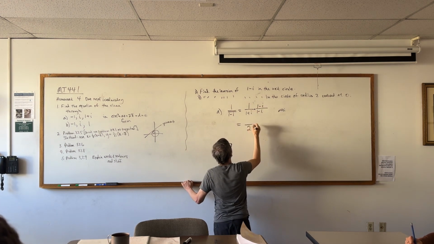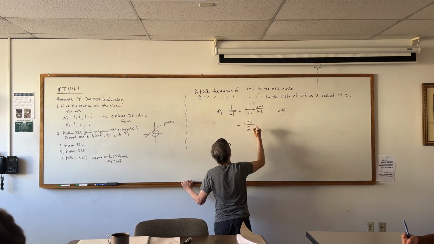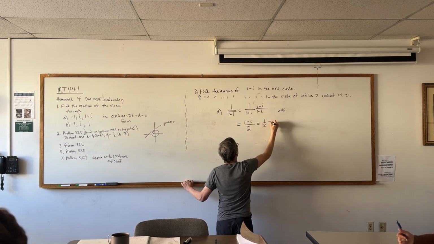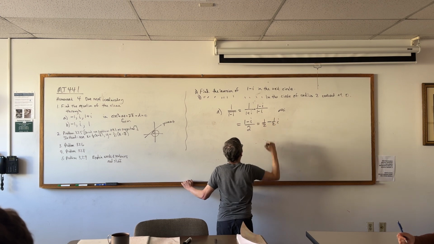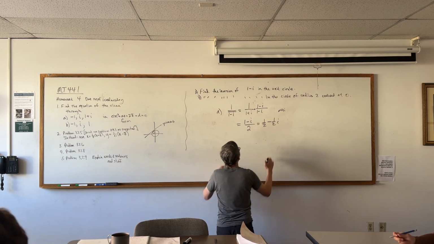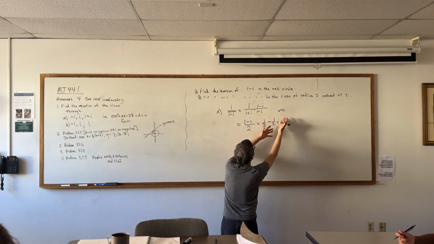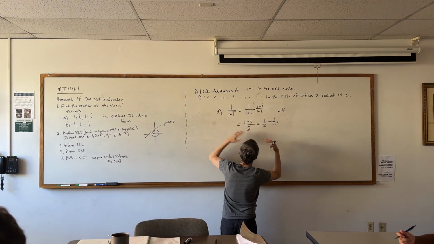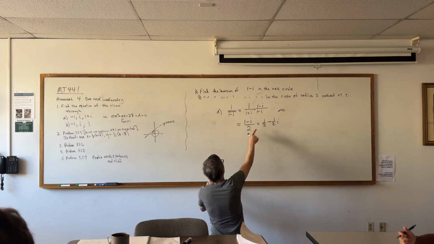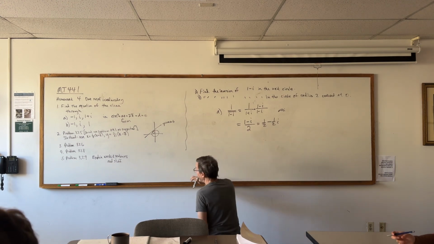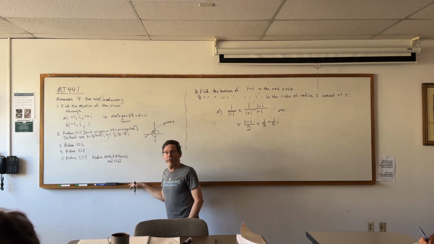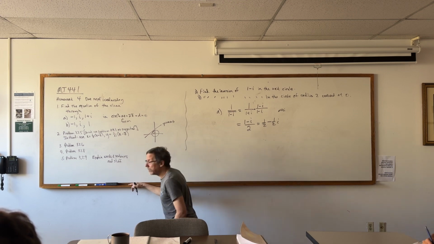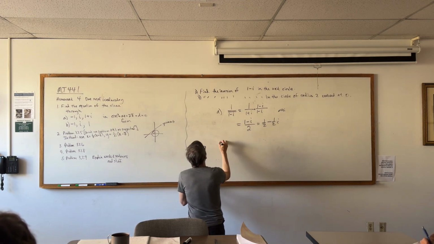The bottom becomes 2, the top becomes 1 minus i. Let's just go to a plus bi form. This is true, but this works better in our brains. So 1/2 minus 1/2 i, does that sound right? Yeah, cool, good. And then let's do B.